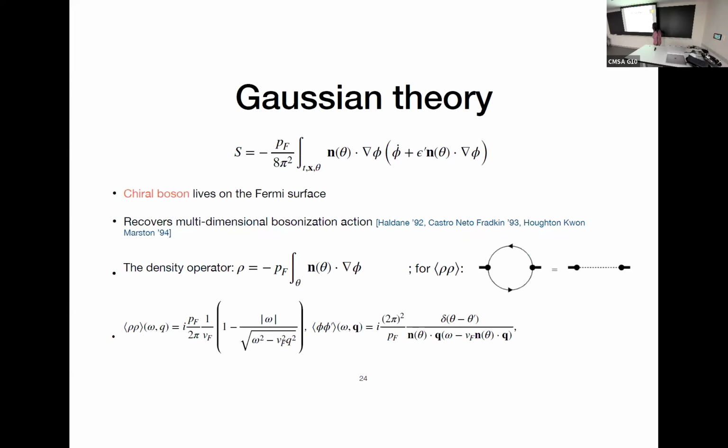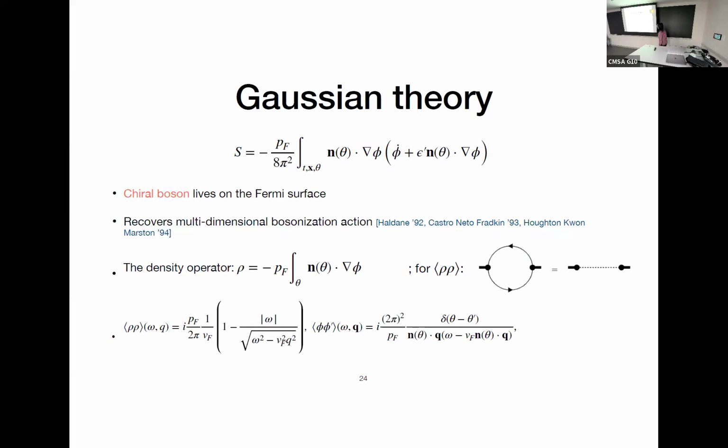So we find that the Gaussian theory, which means up to the quadratic level of phi, just recovers the previous multidimensional bosonization result.